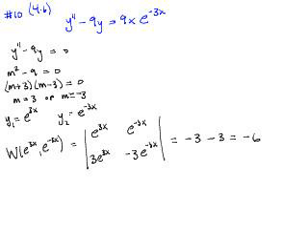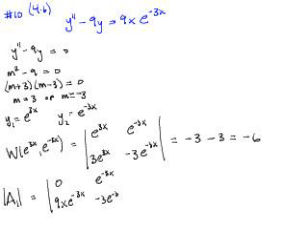Now we also need the associated determinants a1, which is going to be 0, 9x e to the minus 3x, and then in the second column e to the minus 3x, minus 3 e to the minus 3x, which is going to be minus 9x e to the minus 6x.